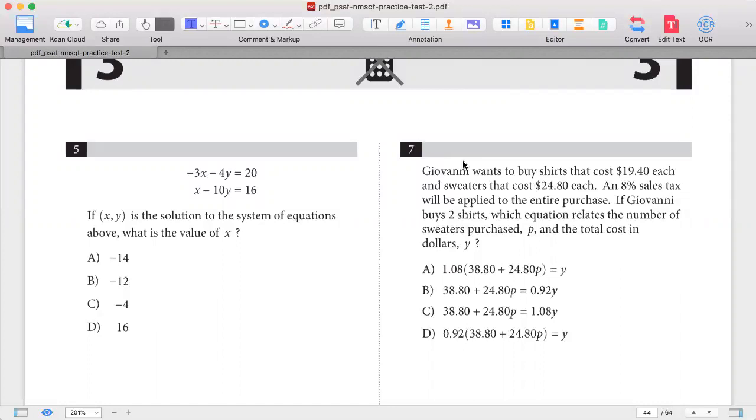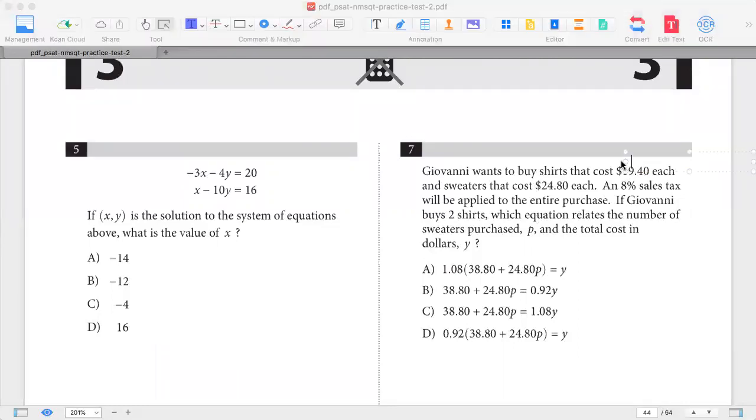How are we going to solve it? The cost in dollars of Giovanni's 2 shirts is 19.40 multiplied by 2, because he bought 2 shirts and each shirt costs 19.40.